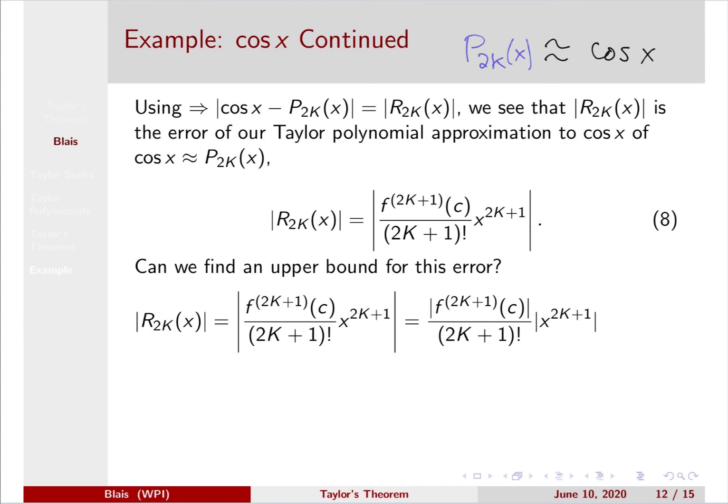And we know something about this derivative evaluated at c, because we're working with cosine of x, its 2k plus first derivative has to be plus or minus cosine or plus or minus sine.